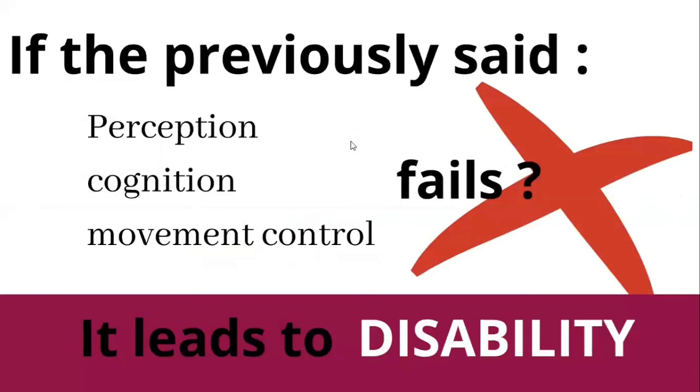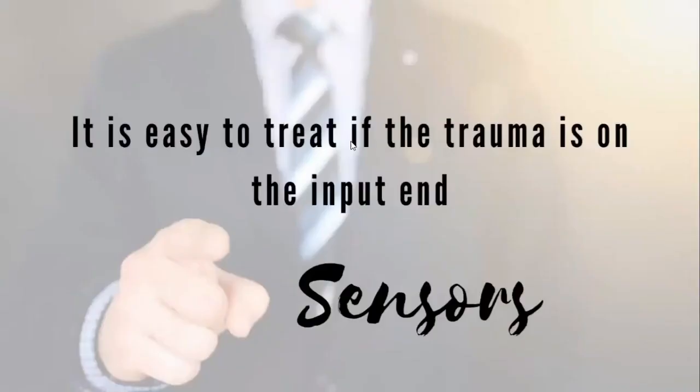If we have a problem in the brain and the disability is due to some problem in the brain, it is not that easy to correct, right? This is a statistic saying that people have this many problems because of brain-related causes, right? So that is why I will put here, it is easy to treat the trauma if it is on the input end, that is, the sensing end.